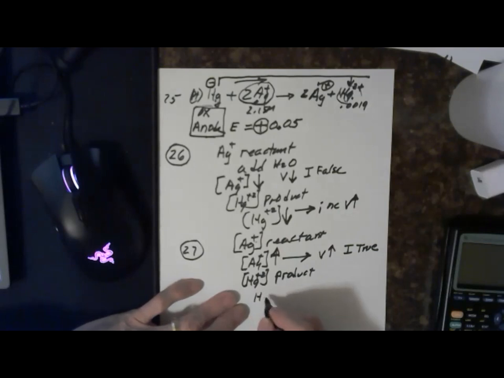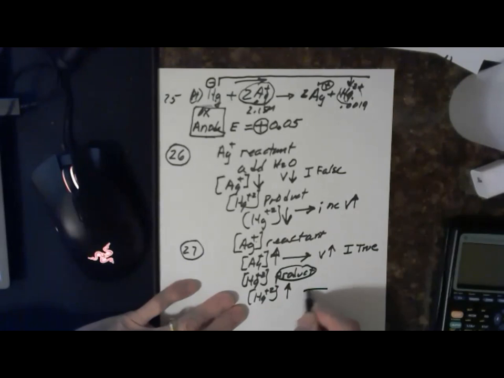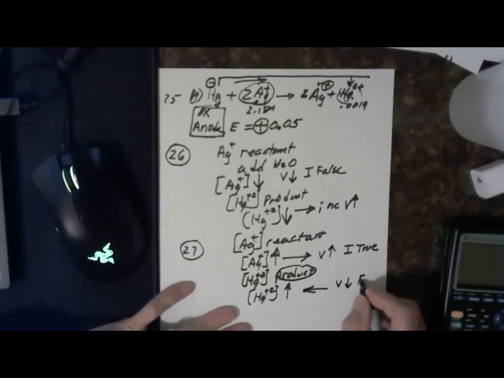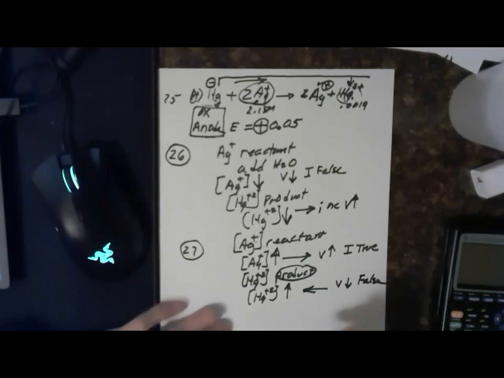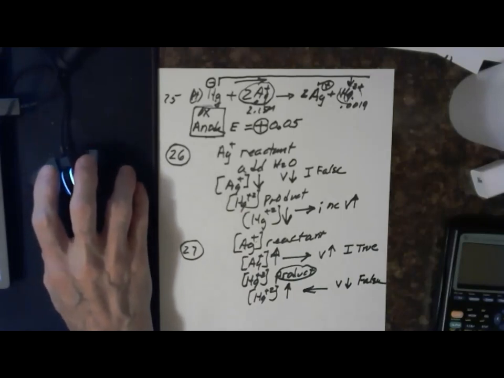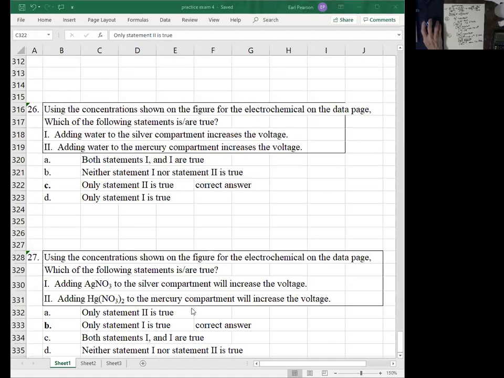So Hg2+ concentration is going up. It's a product, which means equilibrium shifts away from that toward the other side, which means that the voltage goes down. So number 2 is false. And if we go back to look at our screen share, that is the correct answer.